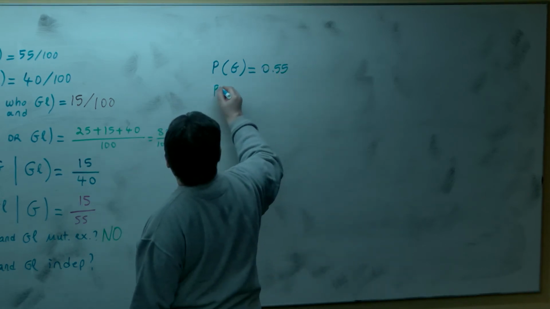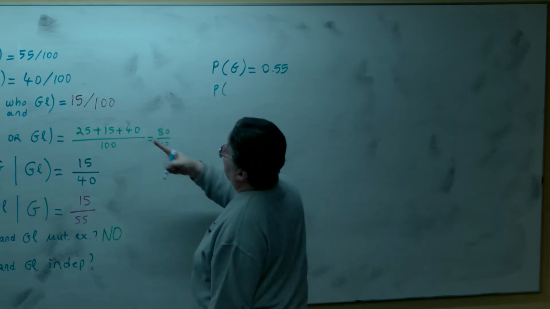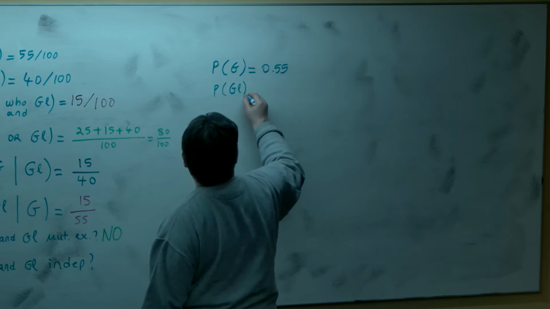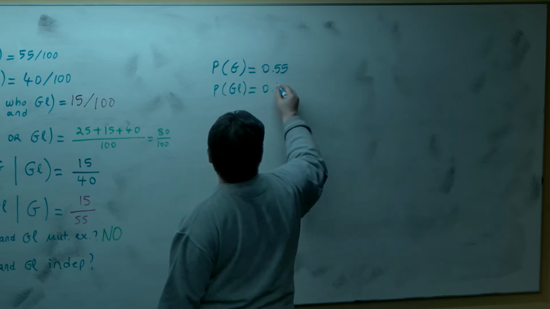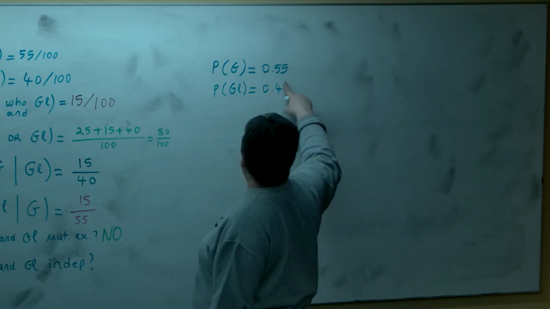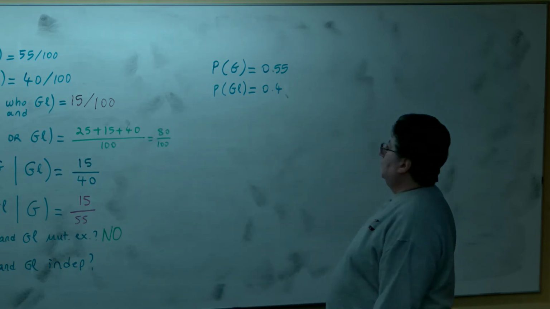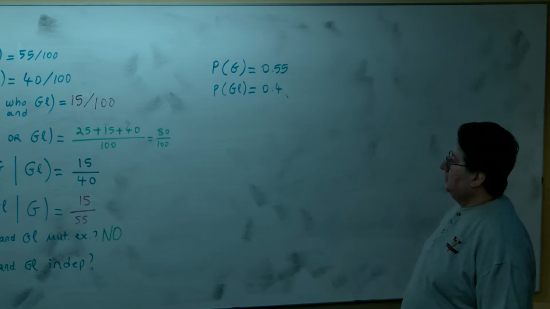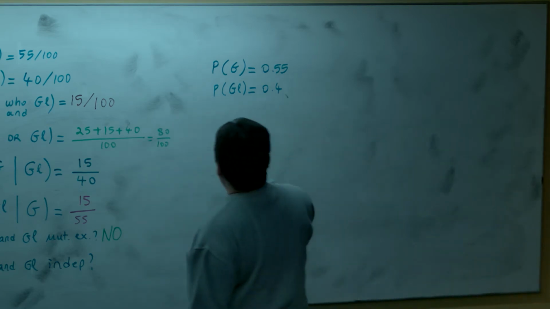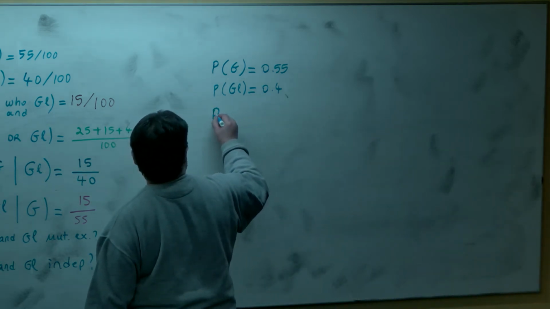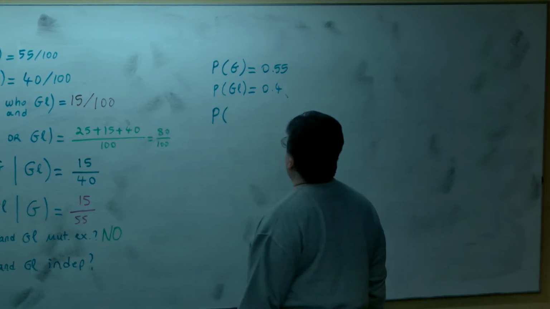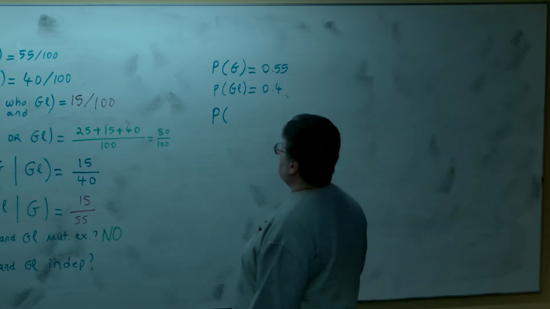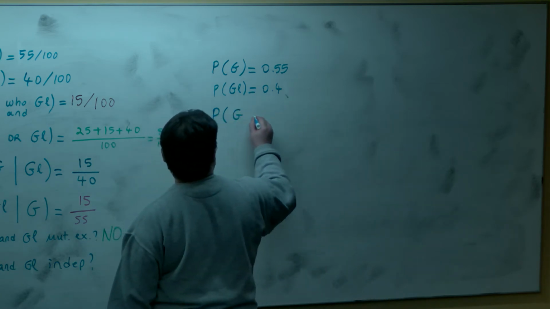What is the probability of wearing glasses? 0.40. And then, what is the probability that a randomly selected student is a girl and she wears glasses? That is, girl and glasses.